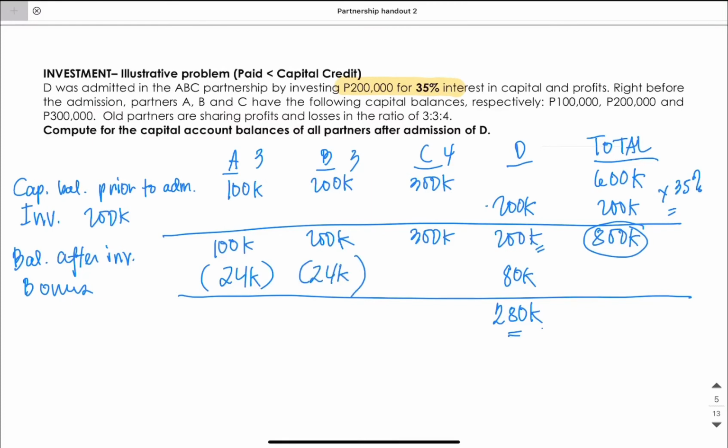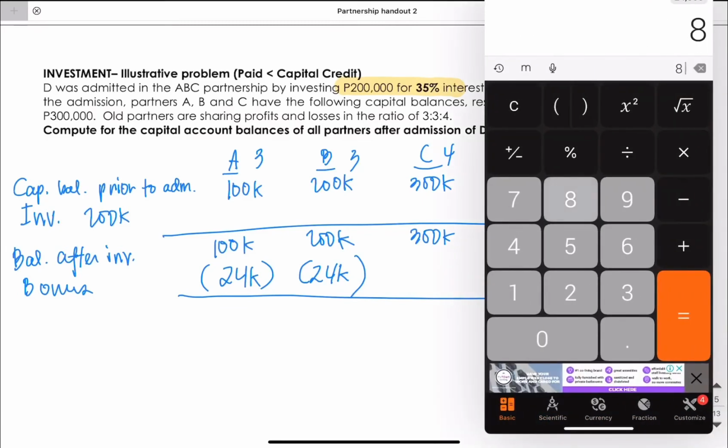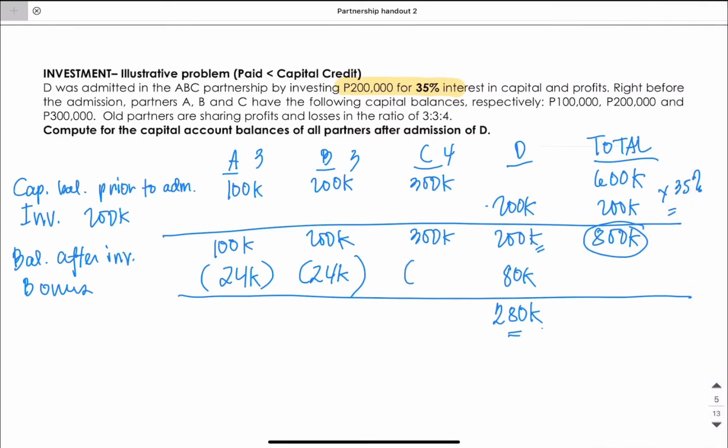And then for 40%, that is 80,000 times 40%, that is 32,000. So when you add all of these three items, it will be equal to 80,000. And therefore, it will not affect again the total partnership capital.